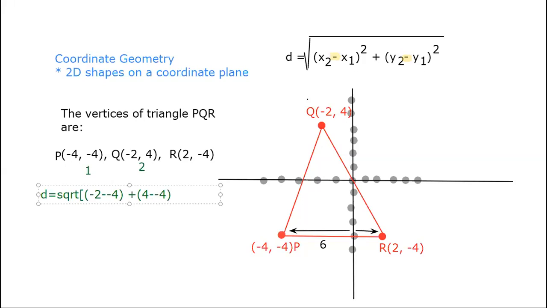And those are all squared. So it's the square root of all of that, and both of those quantities are squared. So we really just have to put this in our calculator now.